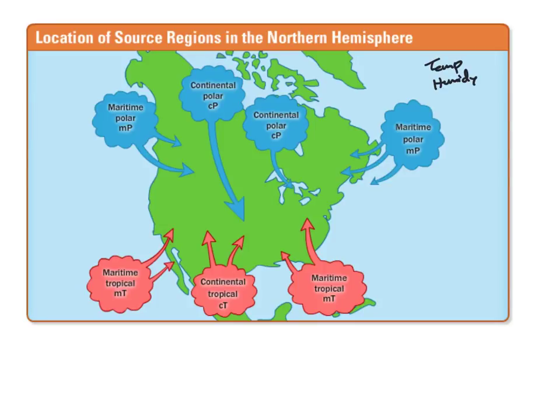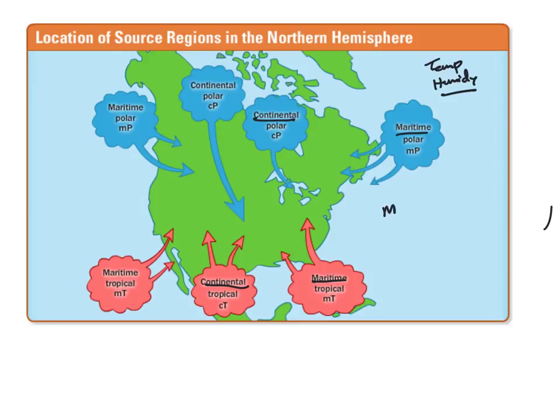So when we name an air mass, we name it from where it's formed, and where it's formed is going to define its properties. The first part of the name can be maritime or continental, and we'll see maritime or continental in both the reds and the blues. That's going to tell me its humidity.